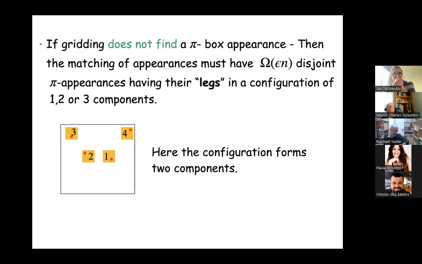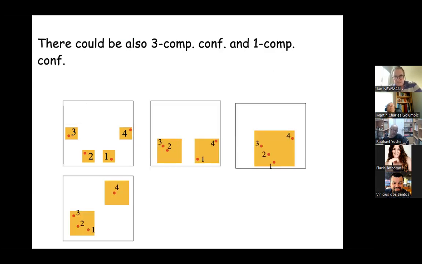So an appearance could be in any number of components between 1 and 4, because we are talking about a pattern of size 4. So here is a picture of some different configurations. On the top left, you see the picture that I showed you before. It's a 3, 2, 1, 4 appearance in two components. Next to the right is a 3, 2, 1, 4 appearance in one component, two boxes, but one component.